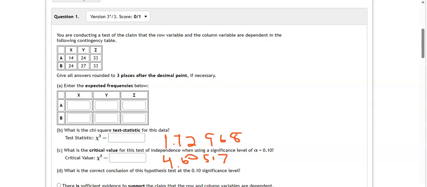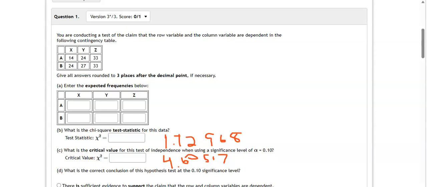So that means we cannot reject our null hypothesis, and our null hypothesis is that the variables a and b and xyz are independent.